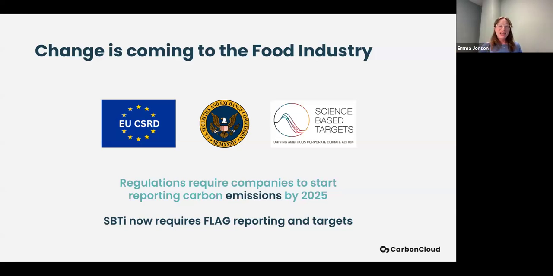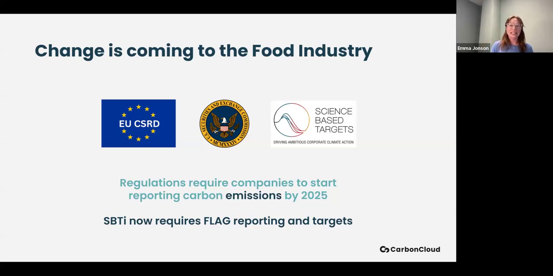And what is interesting here for the food industry is that the SBTI, the Science Based Target Initiative, have recently defined a list of specific sectors that have to make separate and specific targets for that particular sector. So one of these sectors is called FLAG, forestry, land, and agriculture.